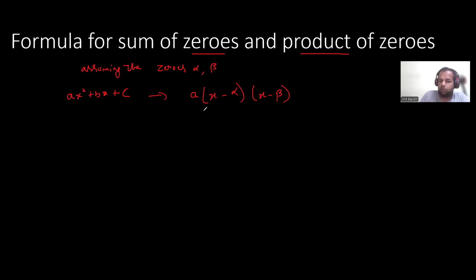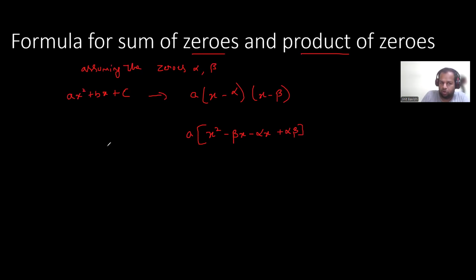Now, when you simplify it further, keeping the constant aside, you end up getting a times x into x, which is x square, x into minus beta, minus alpha into x, and minus alpha into minus beta, plus alpha beta.